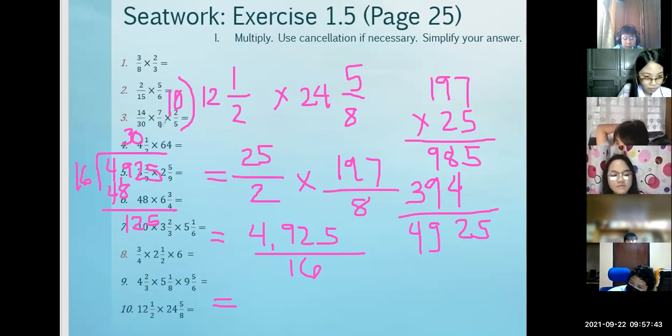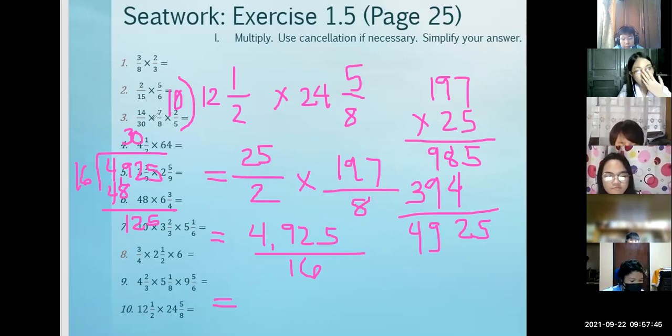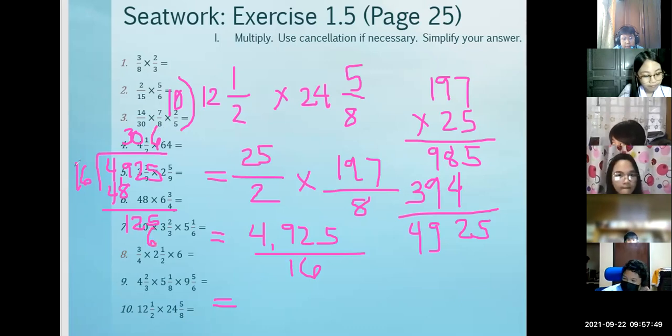Yeah, 6 na. 6 baka. 6, 3, 6, 9. Ah, yeah. Ito nga.